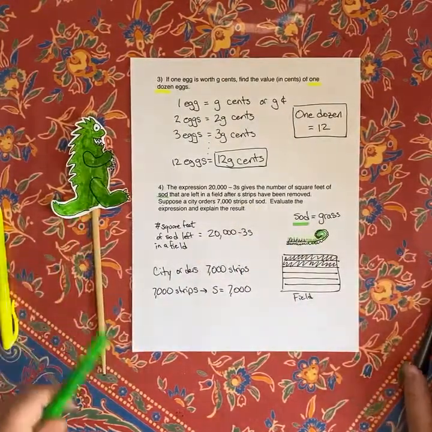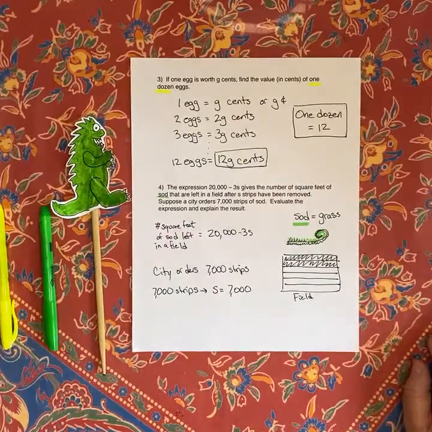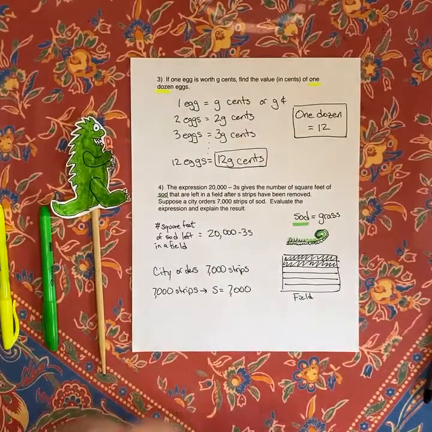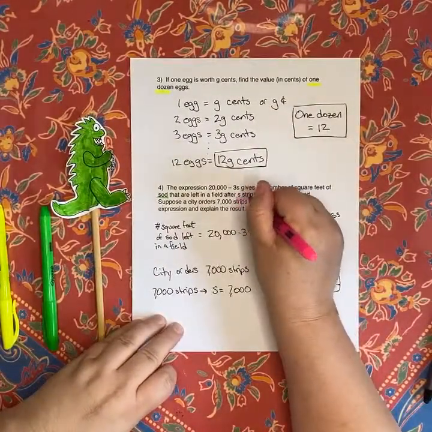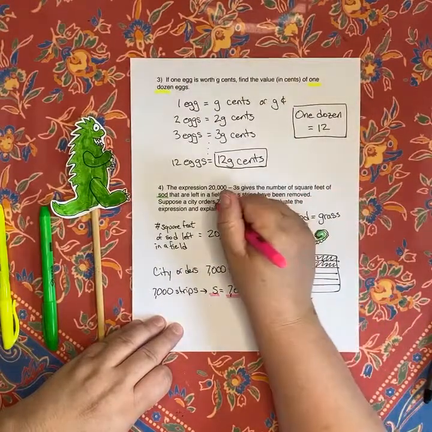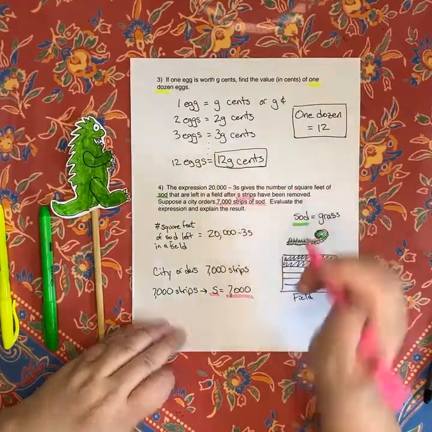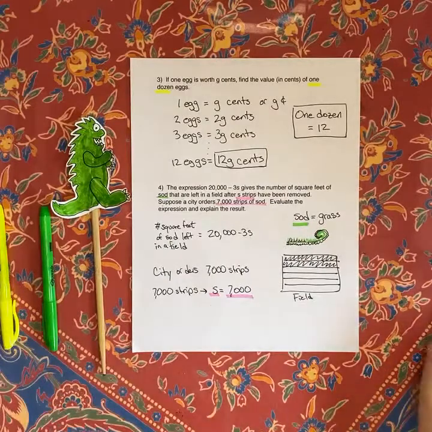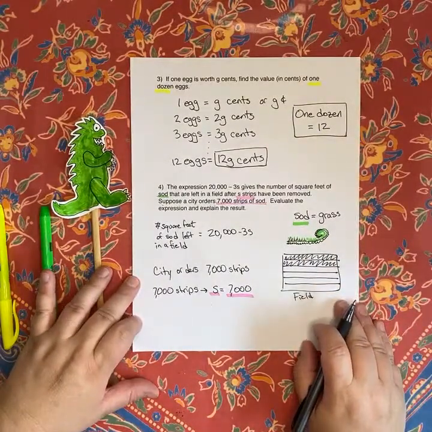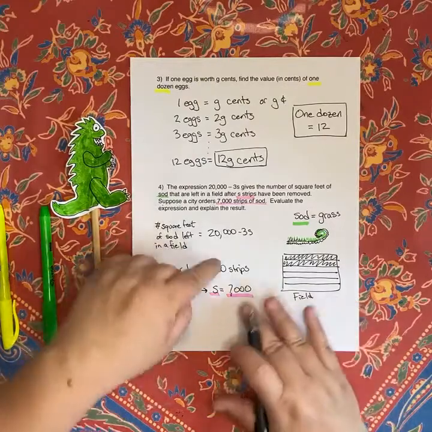So if I use, I already used green for sod. I'll use, can't use blue because it's not a high contrast. Here we go. S strip is 7,000. S strip is 7,000. Okay. So what are we going to do now? Well, in this one, because a lot of people are like, oh, set them equal.